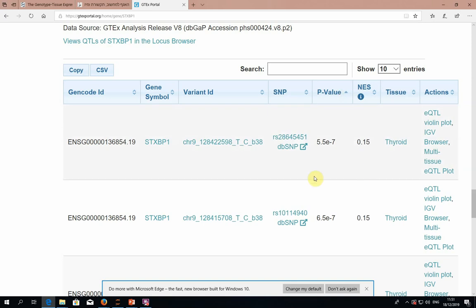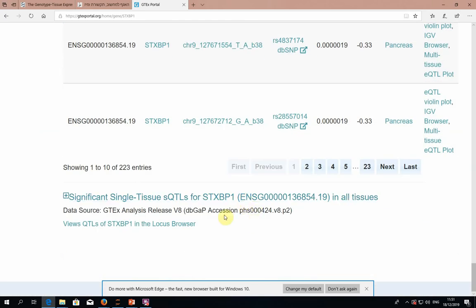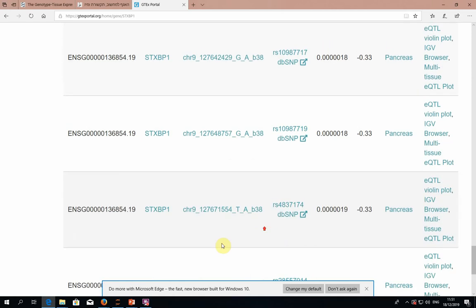So apparently there is nothing in this tissue that has a unique eQTL that is a single tissue event. Of course, it doesn't say that it's not a multiple tissue event. So you have all the statistics here, and then you can go and see significant, which we already have been.